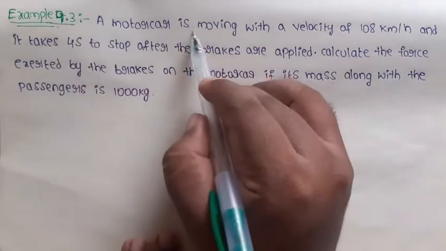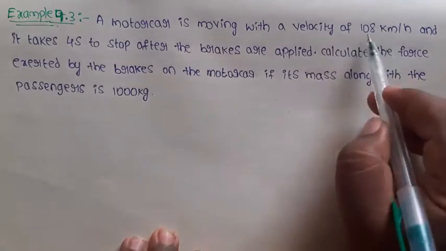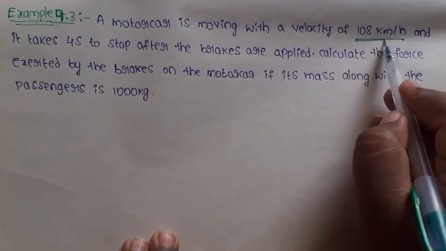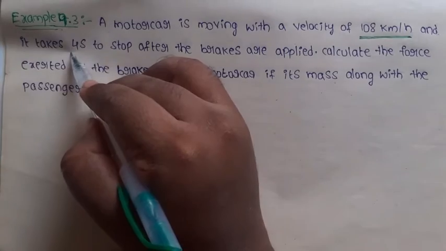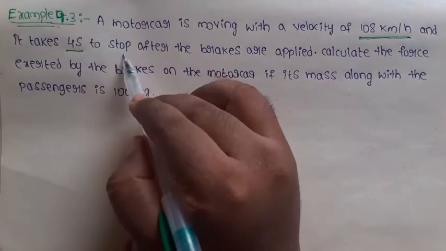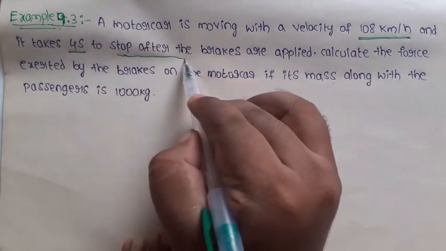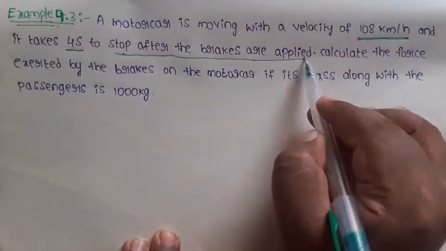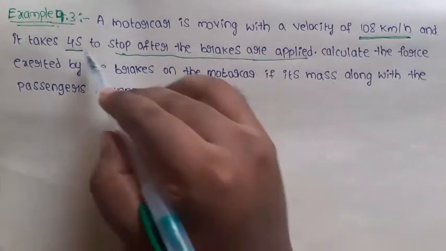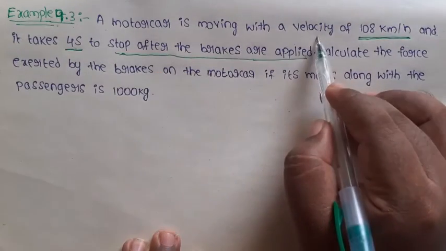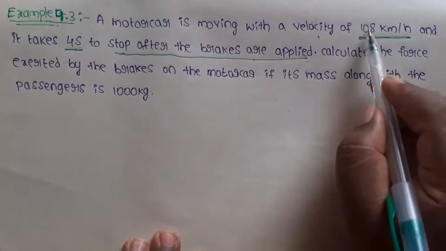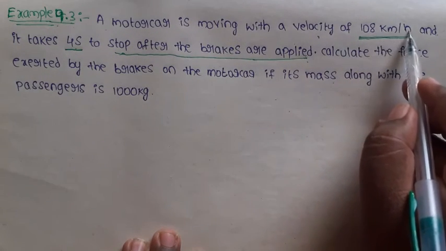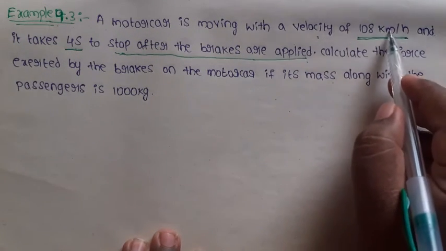A motor car is moving with a velocity of 108 km per hour and it takes 4 seconds to stop after the brakes are applied. When the brakes are applied, at 4 seconds the final velocity of the body is 0. So 108 km per hour is the initial velocity.